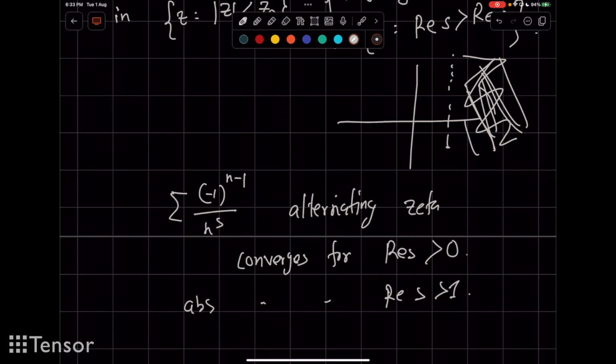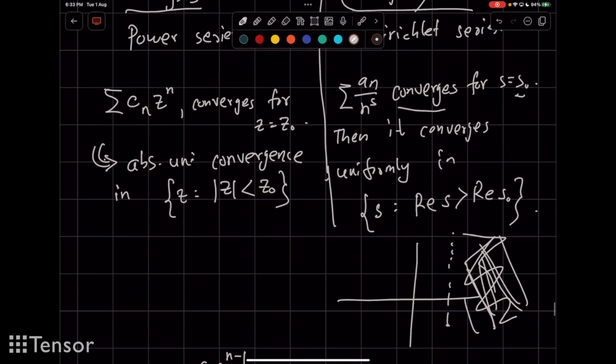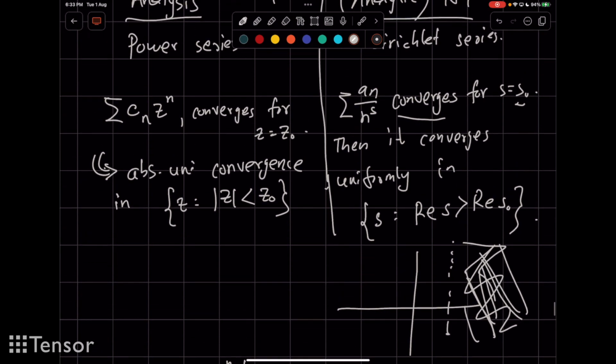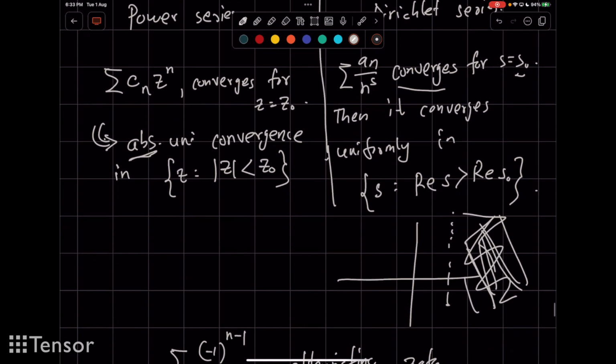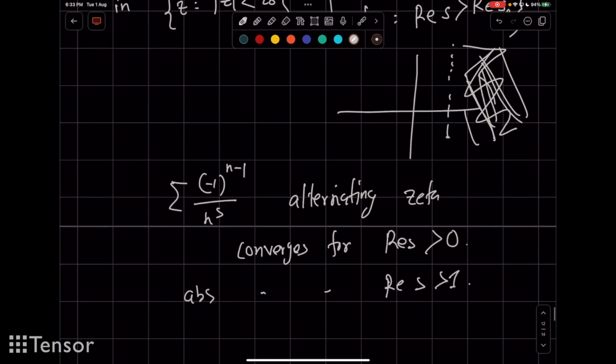So convergence alone does not guarantee absolute convergence. In the case of power series, we have this really helpful result that we don't have right now, sadly.